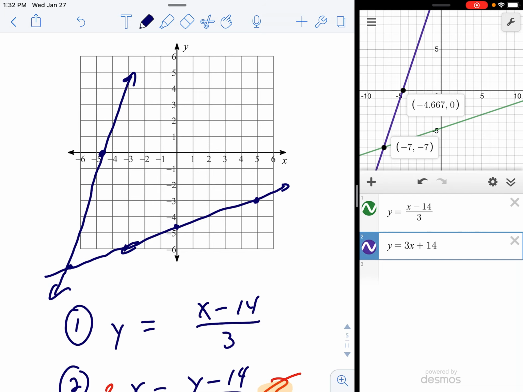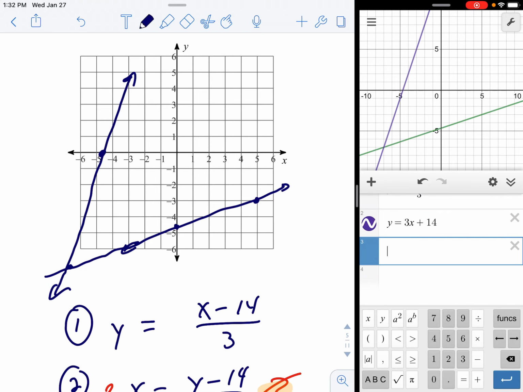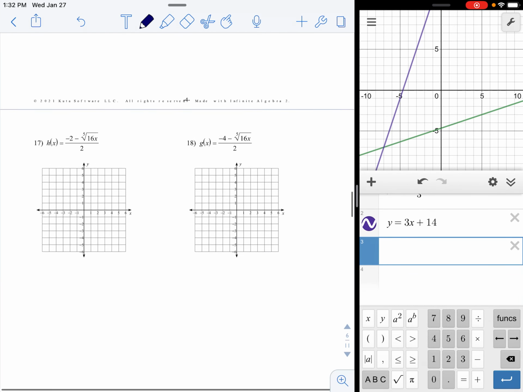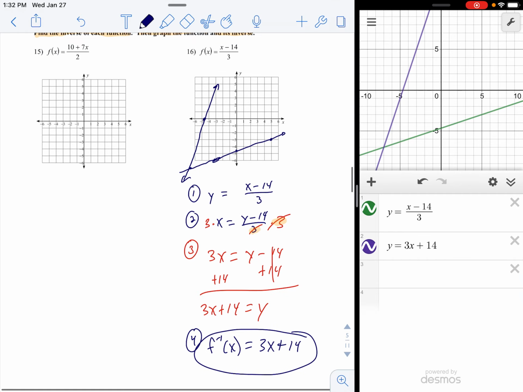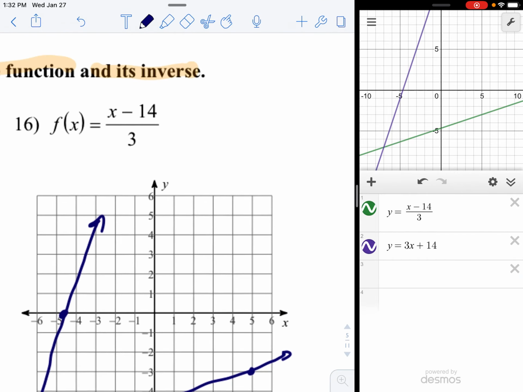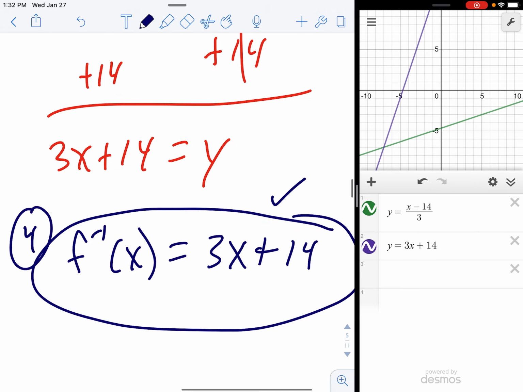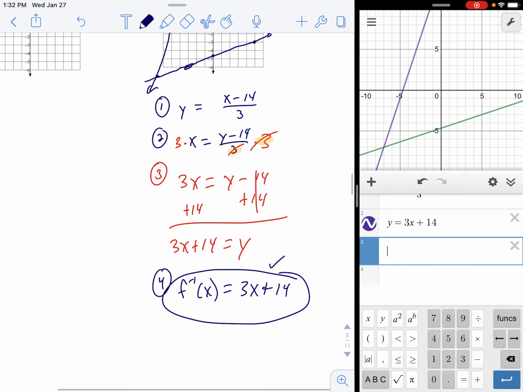Okay, here's the deal with graphing inverses. It's a way to tell that you did your work correctly. So if you want to check your work, not on the answer key, but let's say you're doing a test. This was the problem right here, and this is the answer that you got right there. Graph them both on Desmos, then graph y equals x.